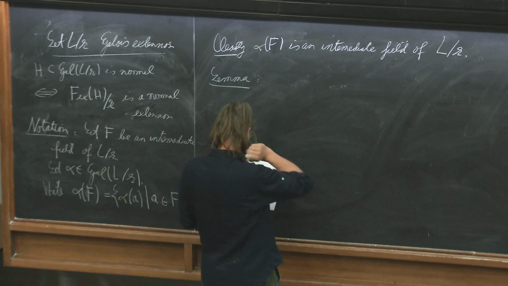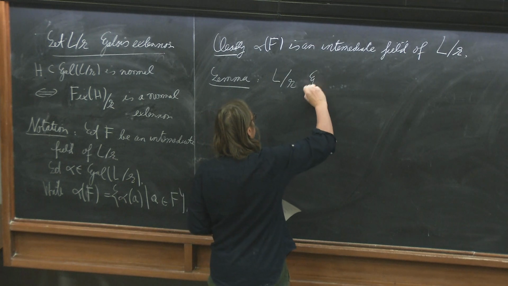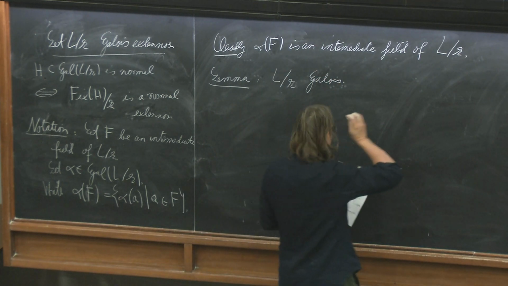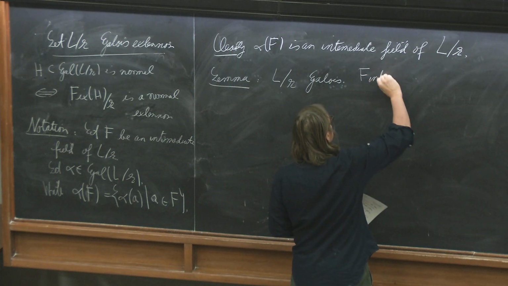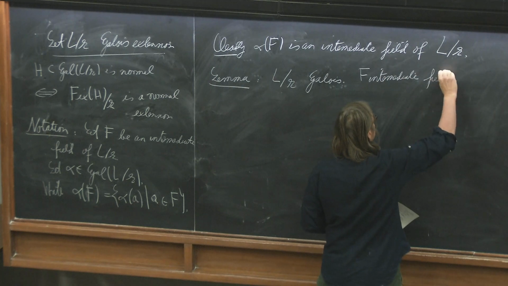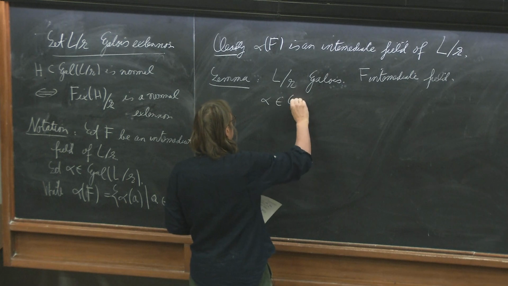So L over K is still a Galois extension, and F is still an intermediate field, and alpha is an element in the Galois group.